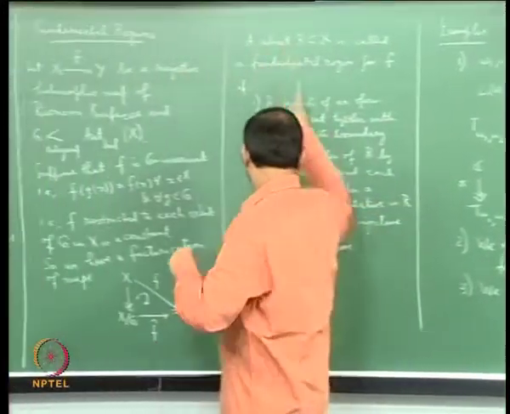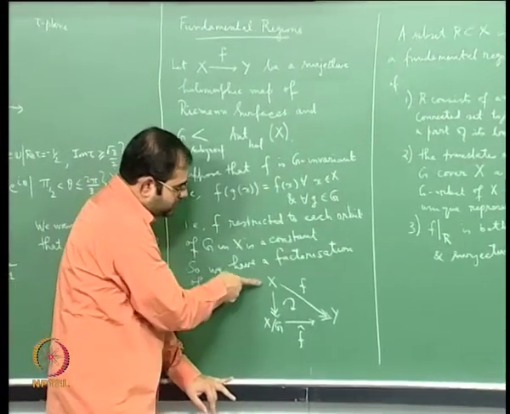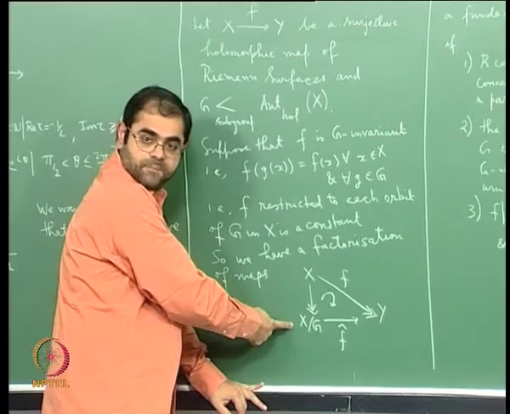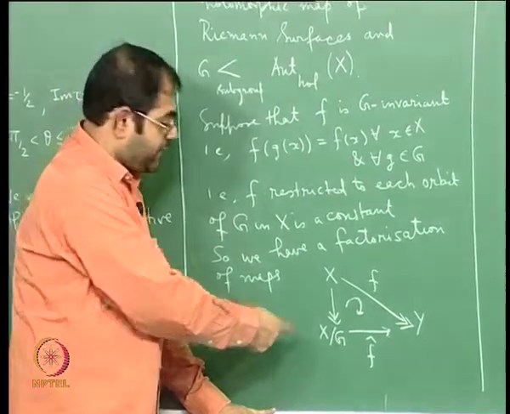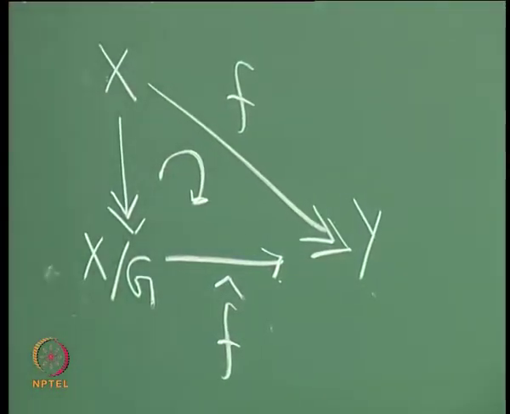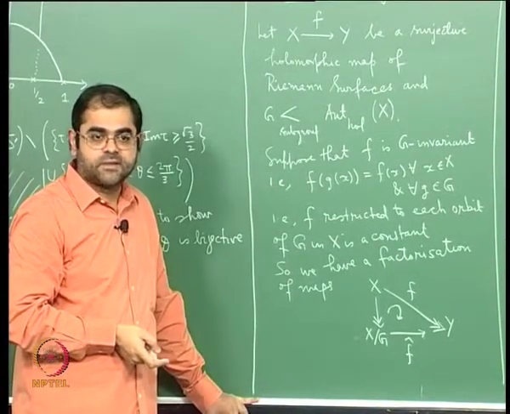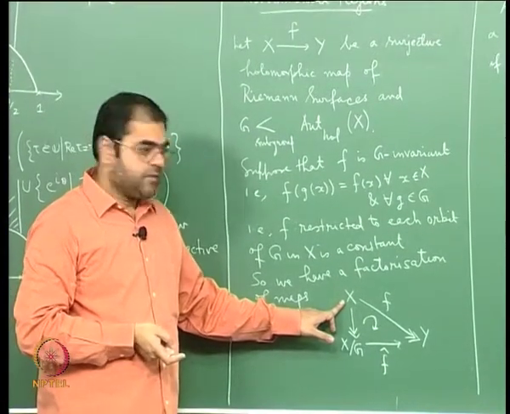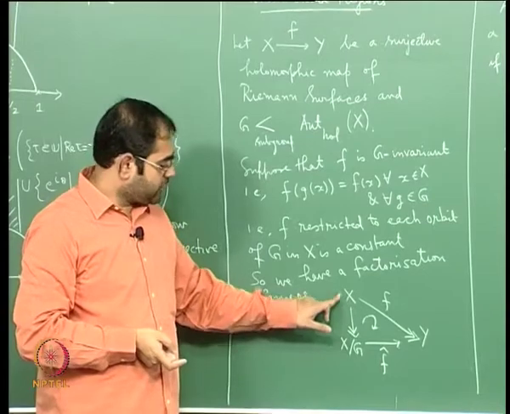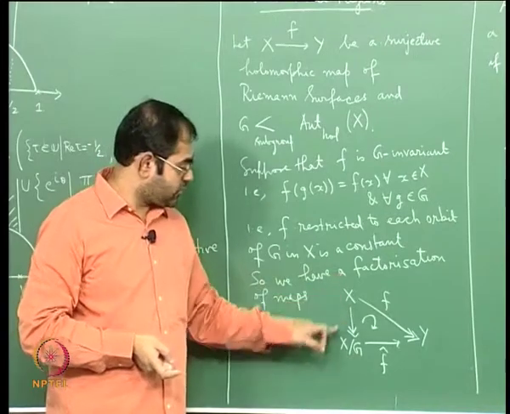So in this definition I want to say something. If you apply this definition to the case of a quotient, that is for this quotient map, when this quotient is a Riemann surface, if you get a fundamental region for this map, then that is also called the fundamental region for G. So the fundamental region for a subgroup of holomorphic automorphisms of a Riemann surface is defined, if it exists, to be the fundamental region for the quotient map, and then you will have to assume that X mod G is also a Riemann surface and this is a holomorphic map.